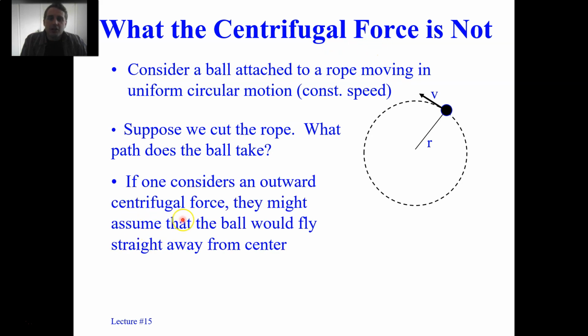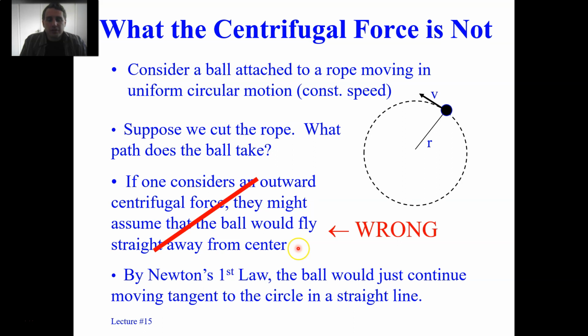Now, if you were to consider a centrifugal force, in other words, if you were a ladybug strapped to the ball here, you might assume the ball would fly away from the center because you're feeling this sort of outward force if you try to think in your brain that you're in an inertial reference frame. But this is the wrong way to think about it. Newton's first law says the ball would just continue moving tangent to the circle in a straight line.